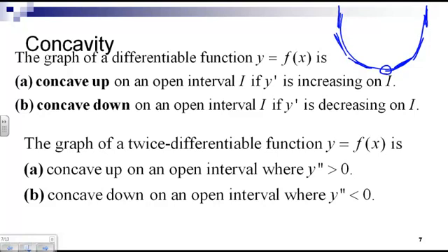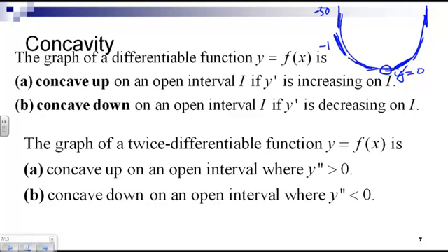The value of y prime is increasing. Maybe this is negative 50, a really big negative slope, but by the time we get here, we're down at negative 1. Y prime got bigger, didn't it? And then down here, y prime is 0, and then it's becoming positive. So concave up behavior means a positive change in y prime.